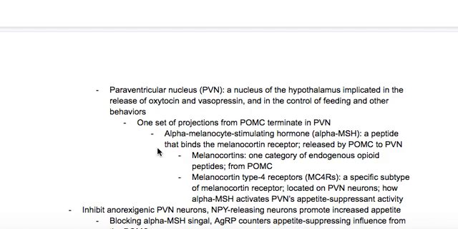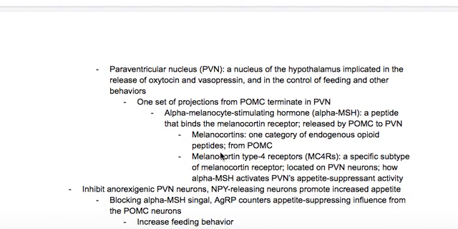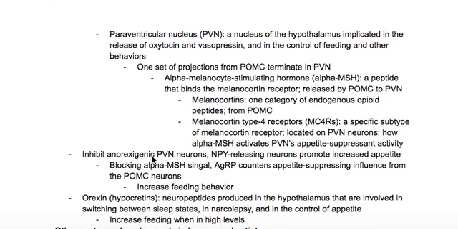So the alpha melanocyte stimulating hormone, or alpha MSH, binds to the melanocortin receptor, which is released by the POMC to the PVN. These melanocortins are just a category of endogenous opioid peptides from the POMC, and the type of receptors which are on the PVN are called melanocortin type 4 receptors, which are implicated in why alpha MSH activates PVN's appetite suppressant activity.